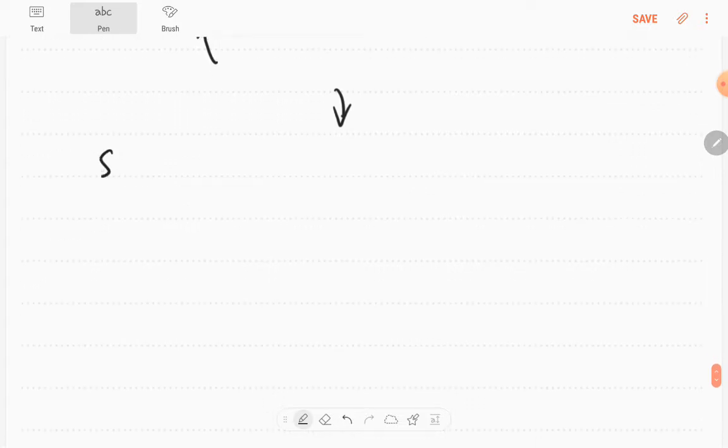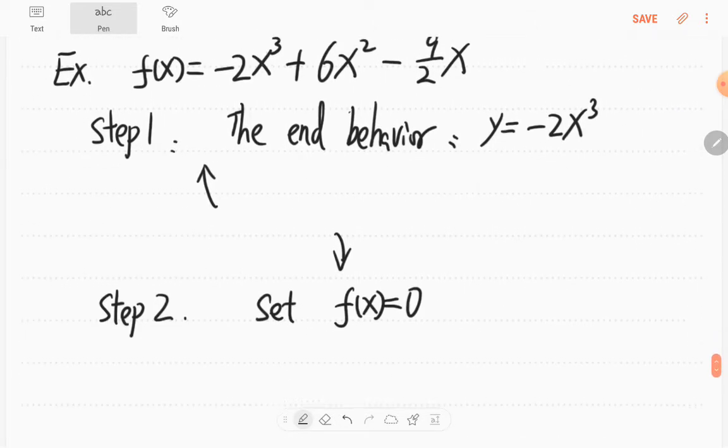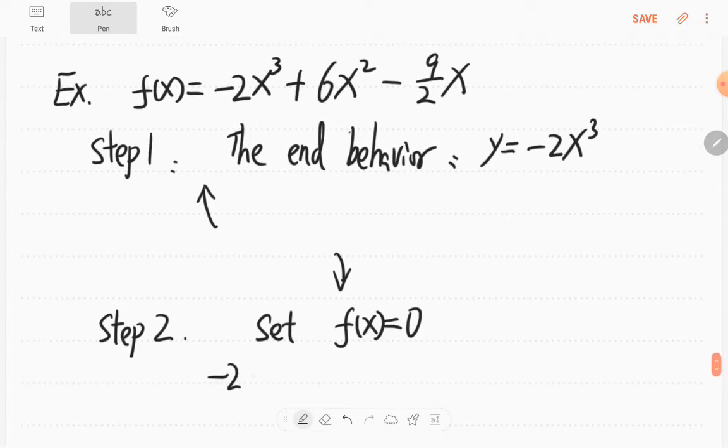Step 2, find the zeros. How to find zeros? You set f of x equals 0. So you will have negative 2x cubed plus 6x squared minus 9 over 2 x equals 0.